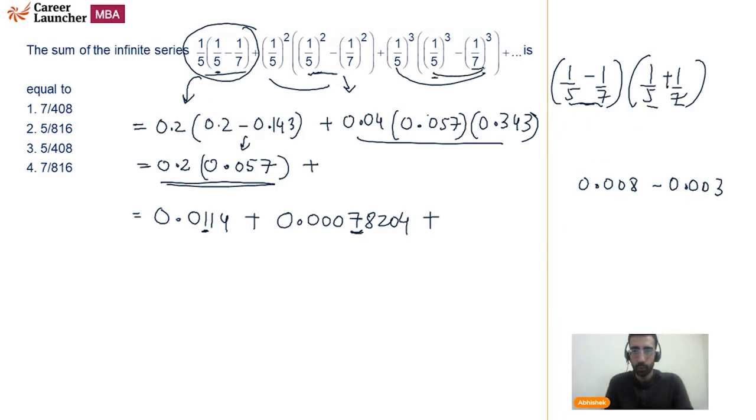So this is 0.005. 0.005 divided by 5 cube, divided by 125. So this has gone to the fifth decimal place, 0.00004. And that's an approximate value.